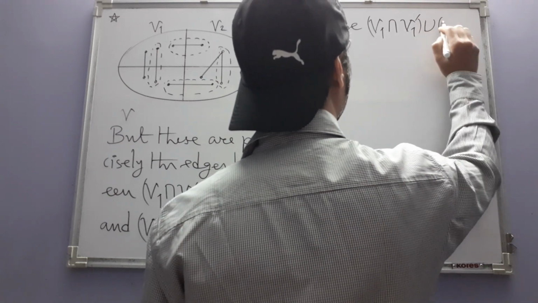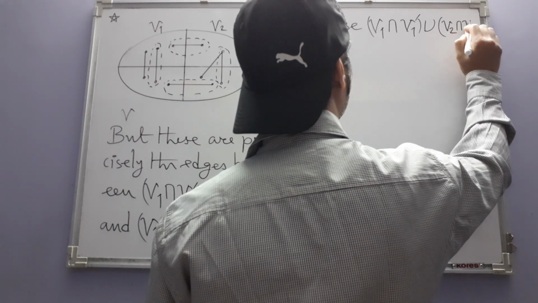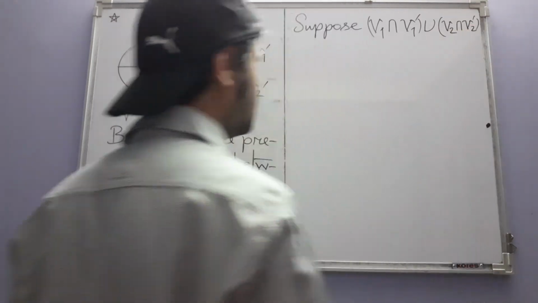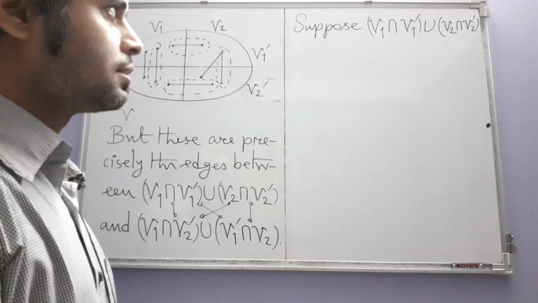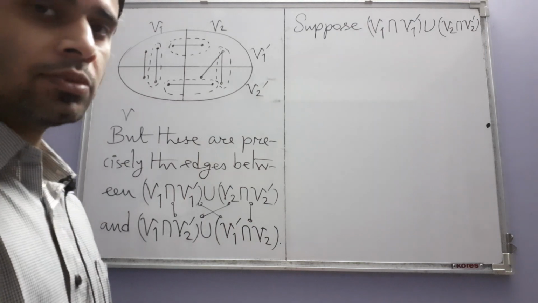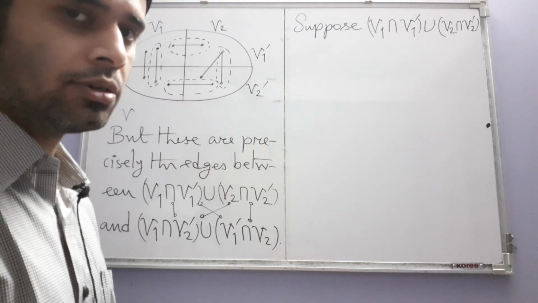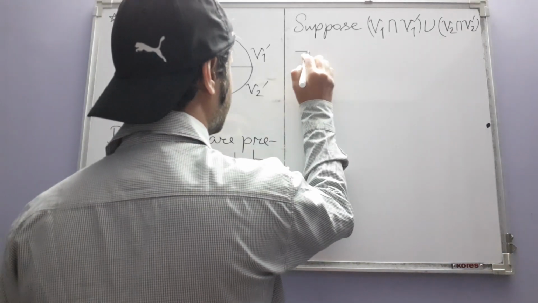This is V1 intersection V1 prime union V2 intersection V2 prime. In these unions and intersections, the sets and their primed versions, it's very easy to get confused. So you have to be extra careful.